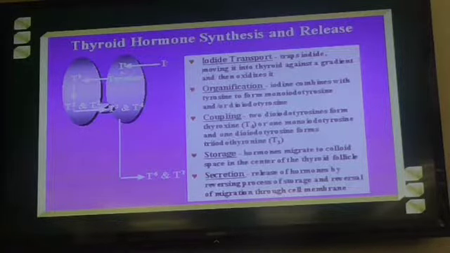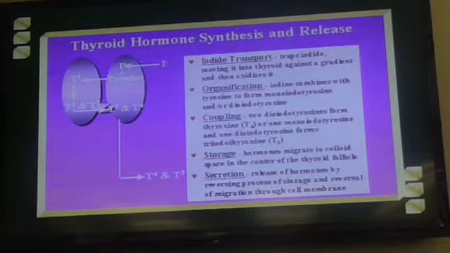Now, there's a process called organification, and this is where the iodine combines with tyrosine to form mono- or diiodotyrosine. Then we have coupling, and this is where those 2 diiodotyrosines will go together and form what? T4. What if a mono and a diiodotyrosine go together? That's T3, and so that's called coupling. Then they're stored. They migrate to the colloid space in the center of the thyroid follicle.